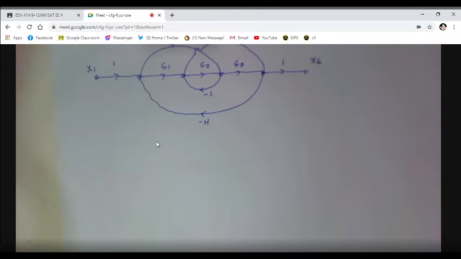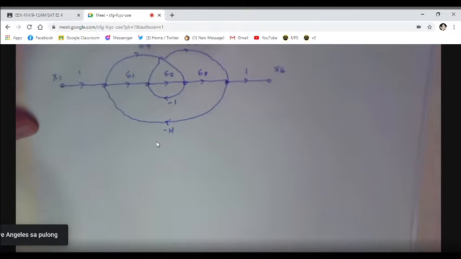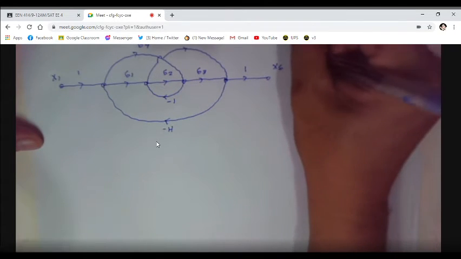So, unang hahanapin natin, ilan ang forward path, diba? Tapos, ano ang ating loop. Okay, so ilan natin dito, forward path. Forward path, ilan kaya?